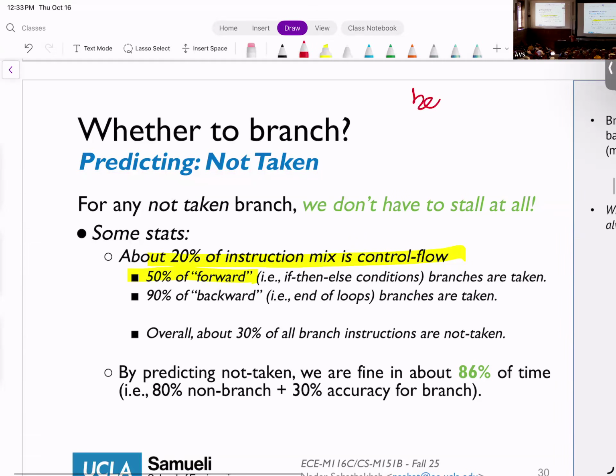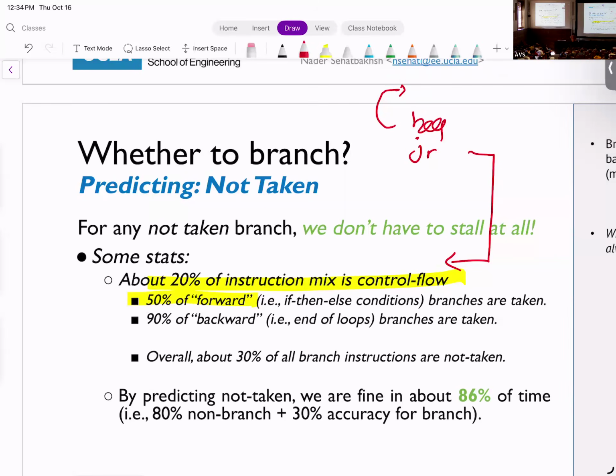If I have a branch or a JAL, it could either jump to positive addresses or jump to negative addresses, right? If your offset is negative, you jump back. If your offset is positive, you jump forward. The ones that jump forward we call forward branches. The ones that jump backward we call backward branches.